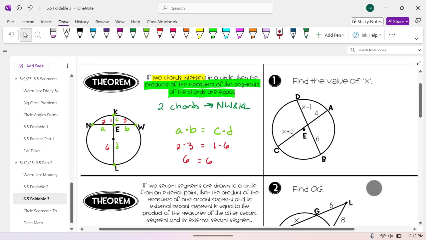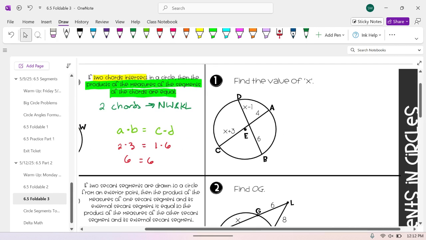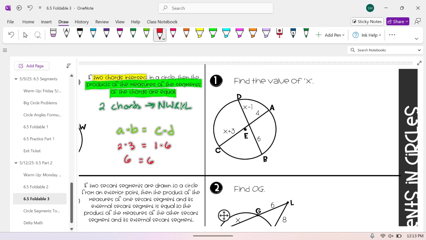So if we look at the following example, all right, what are my two chord names here? So what are my two chords? So we have DB and we have CA. What are the two different parts?